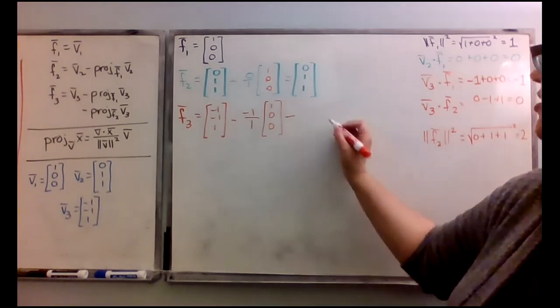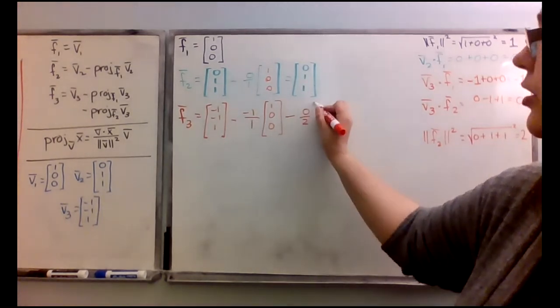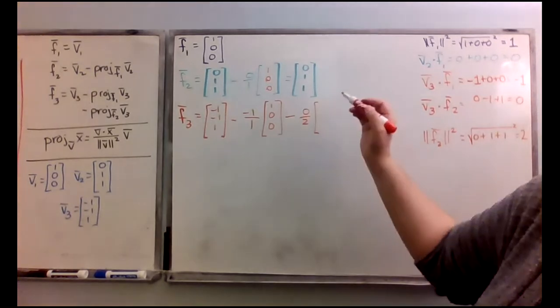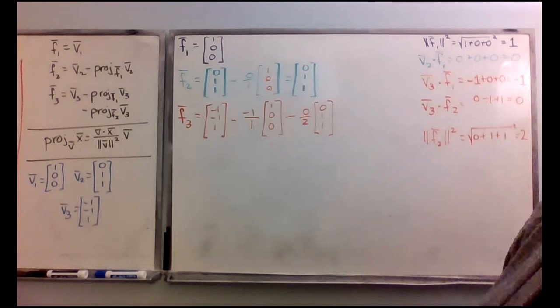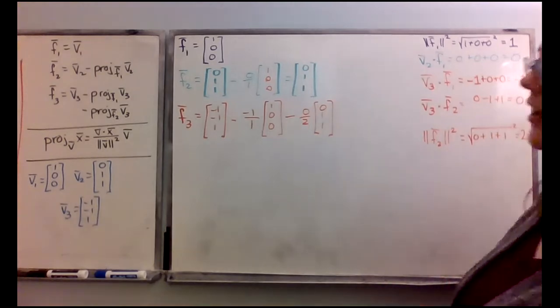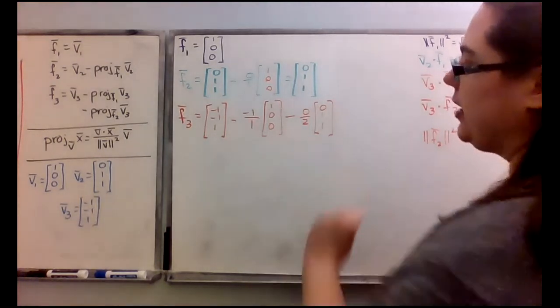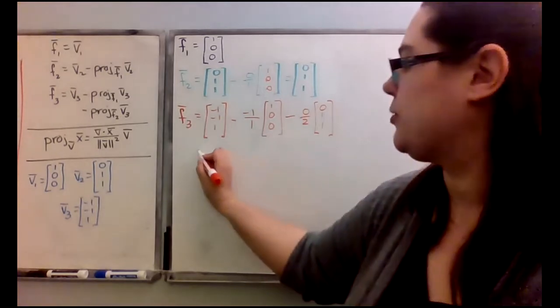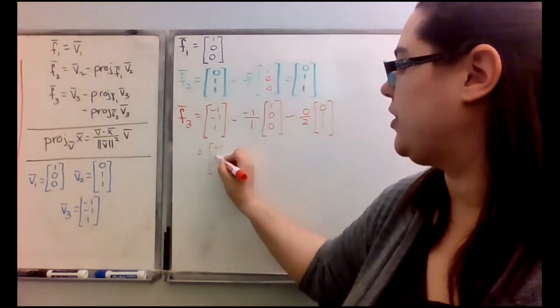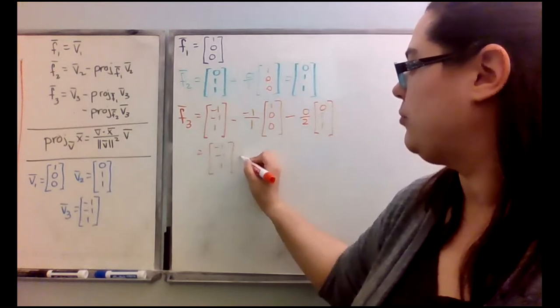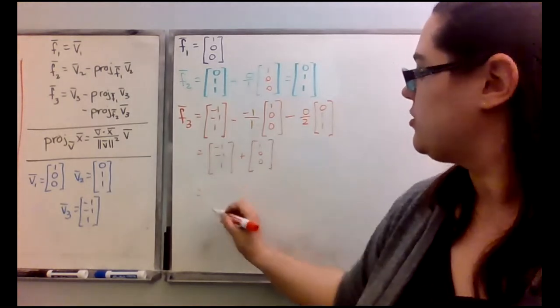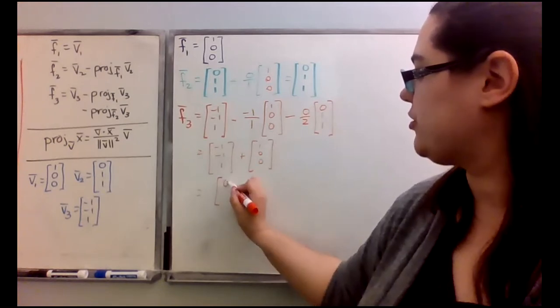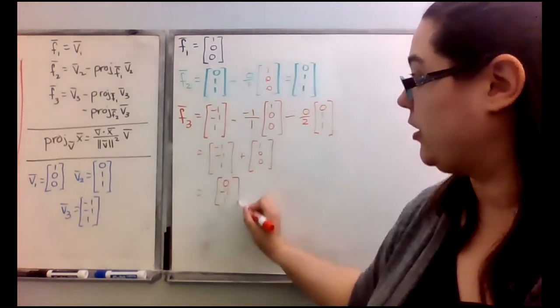Okay, so this is going to give me 0 over 2 times F2, which is 0, 1, 1. Now simplifying this, this is going to be plus one of these. So I'm going to get -1, -1, 1, plus 1, 0, 0. That's going to give me 0, -1, 1.